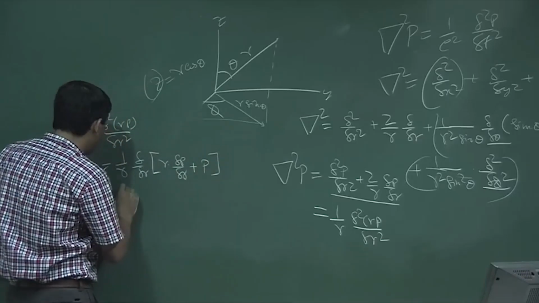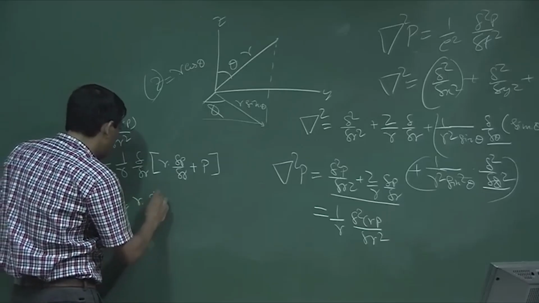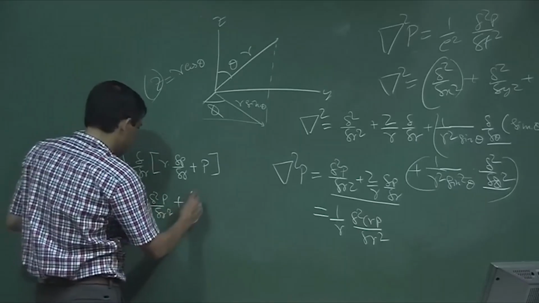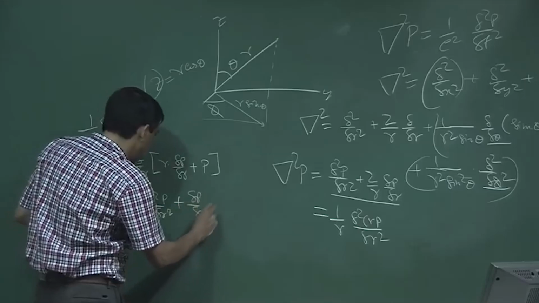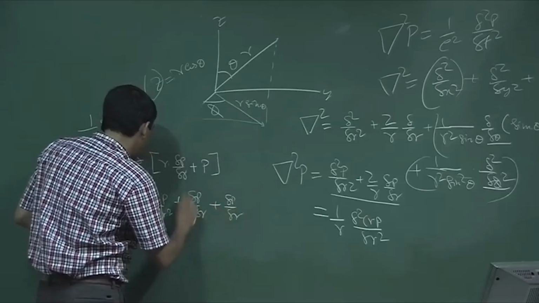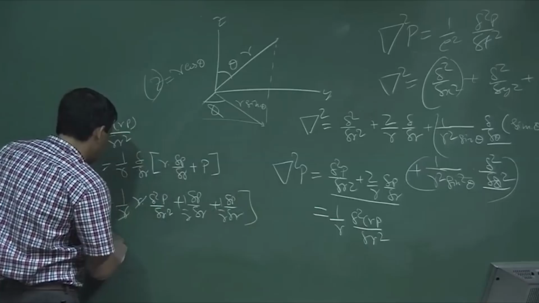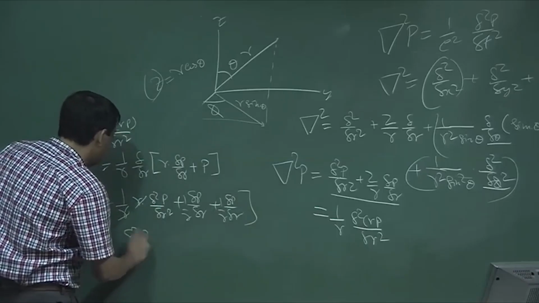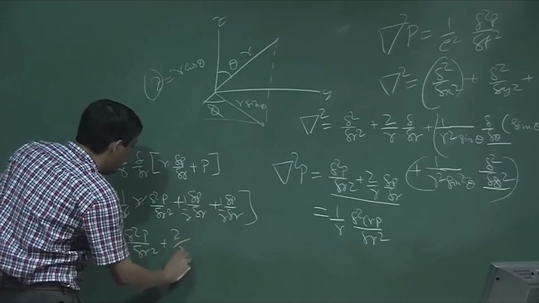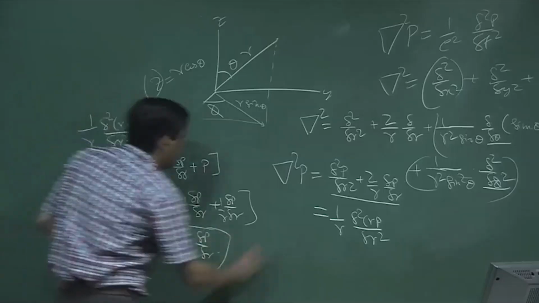So, 1 by r into r del square p by del r square plus del p by del r, plus del p by del r times 1 by r. The r cancels, so it is del square p by del r square plus 2 by r del p by del r. So this and this are the same.